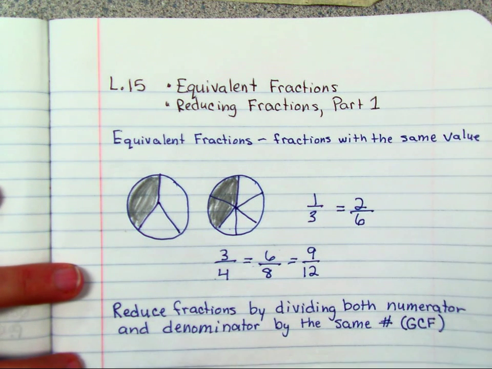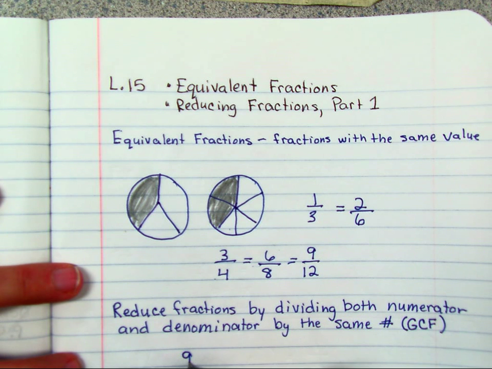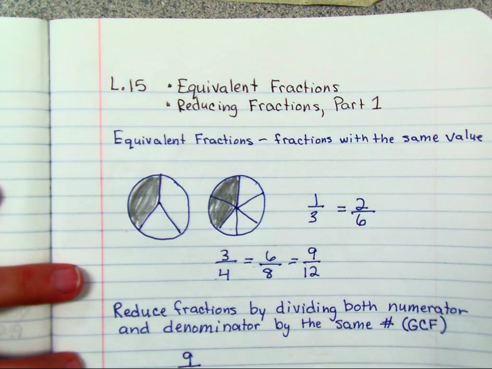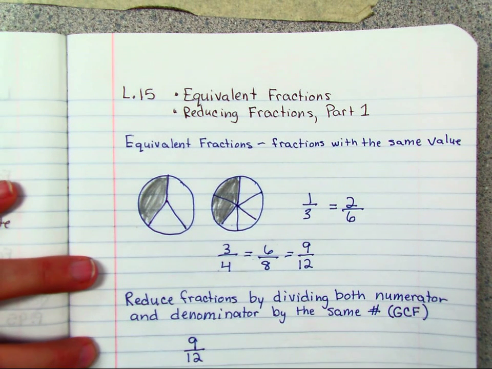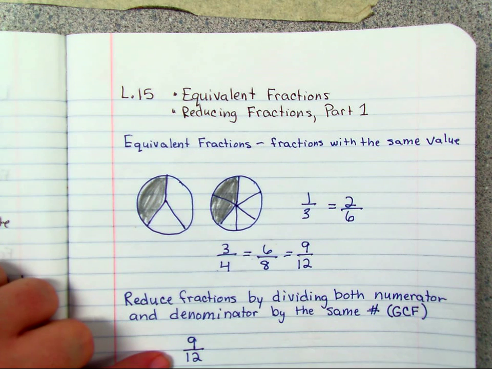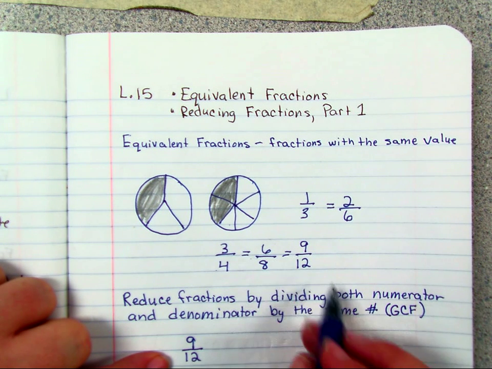So looking at this problem up here, what is the GCF for 9 and 12? If I want to reduce 9/12, what would I divide it by? 3/4. I'm dividing. I want to reduce this fraction. Yeah, so it's going to reduce to 3/4.